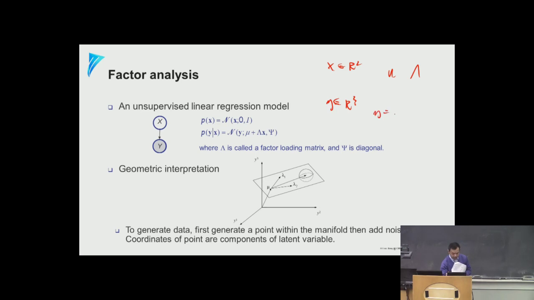Y equals mu plus lambda x. This is capital lambda. X is basically the two-dimensional coordinates, okay? And they can be turned into three-dimensional coordinates by multiplying by this matrix.